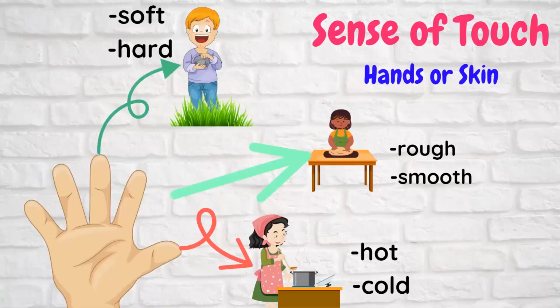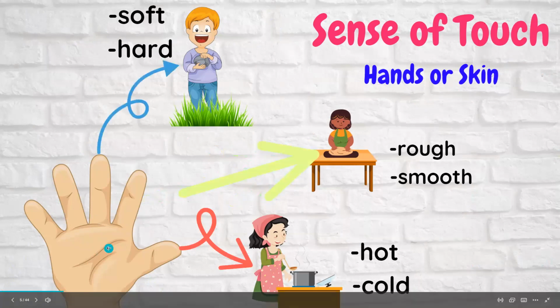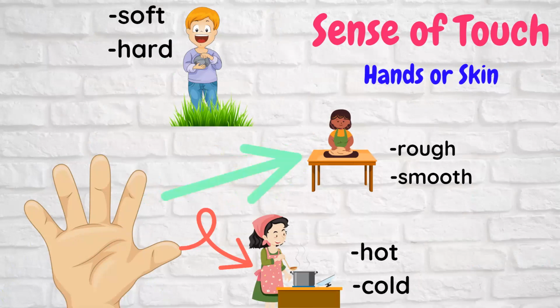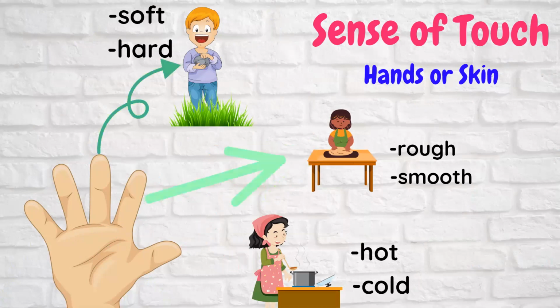All right, so of course, we can feel through our sense of touch, our hands or skin, correct? So, our hands here, and our skin, which covers throughout our body. And of course, it's also known as the largest organ of our body.